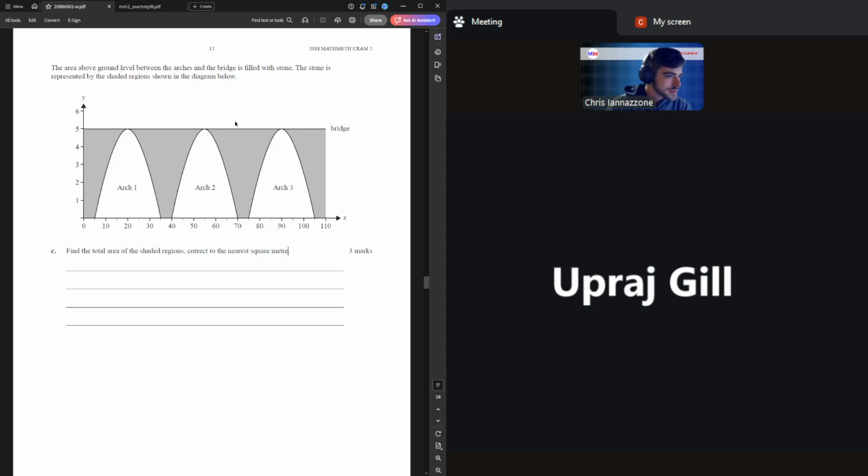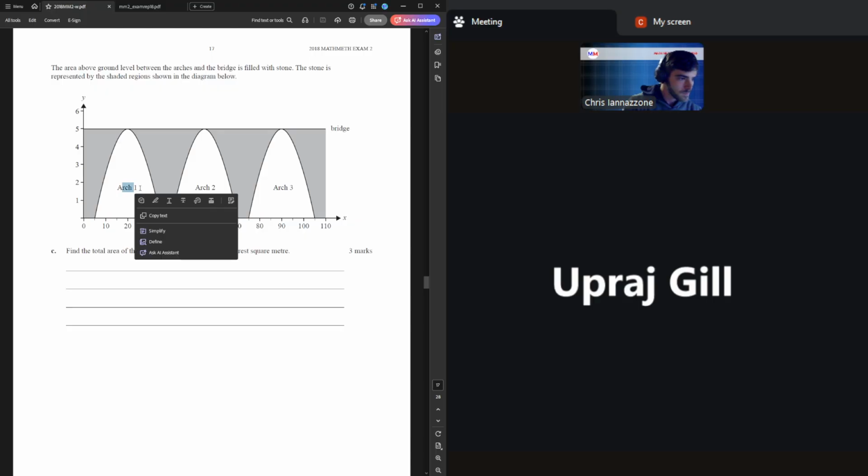Maybe just integrate the arches and subtract from 110 times 5. Yeah, great idea. Absolutely. You don't necessarily need to do a top take bottom of this y equals 5 and that whole thing. If you find the integral of even just one of the arches and multiply it by 3, that'll also get you there.